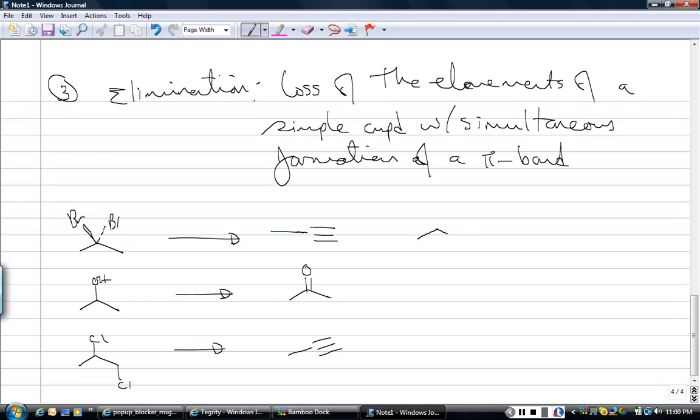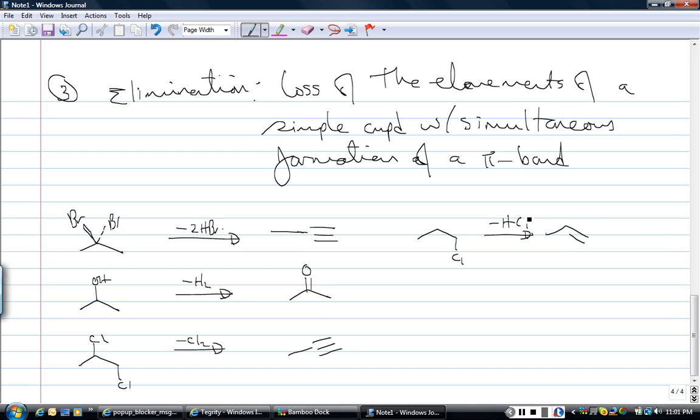Or I can go from, let's see, this compound and make this one, and so on and so on and so on. So elimination reactions involve the loss of a simple molecule. Now, in this case, I've lost 2 HBrs. In this case, I've lost H2. In this case, I've lost Cl2. In this case, I've lost HCl.